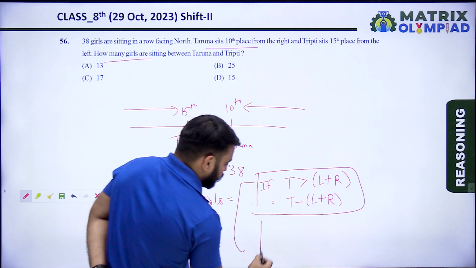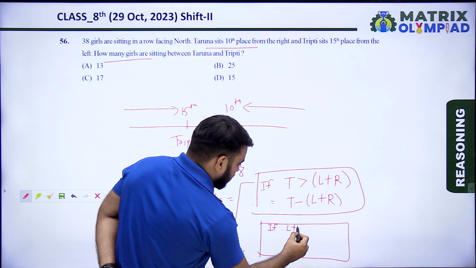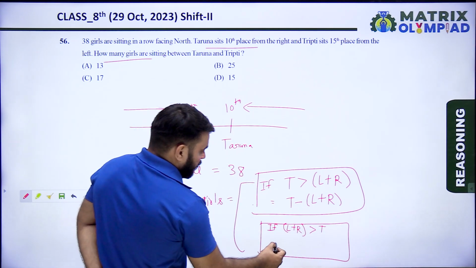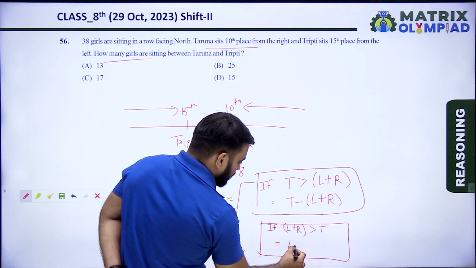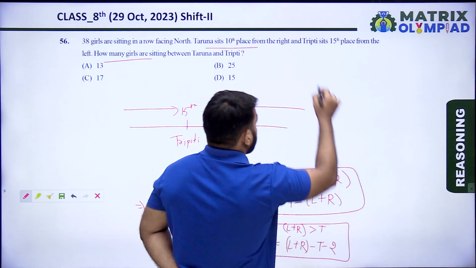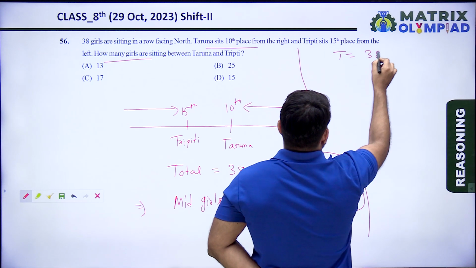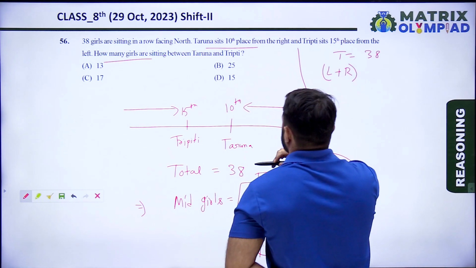And condition number 2, if left plus right is greater than total, then formula of mid persons is equal to left plus right minus total minus 2.